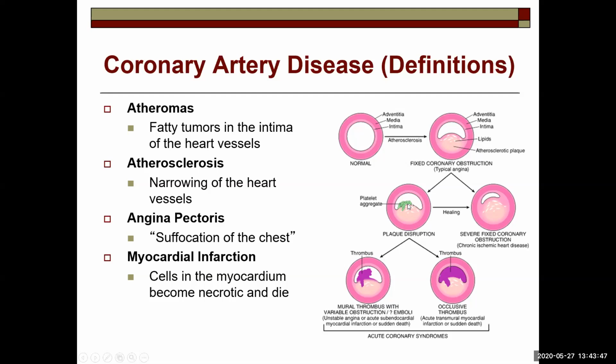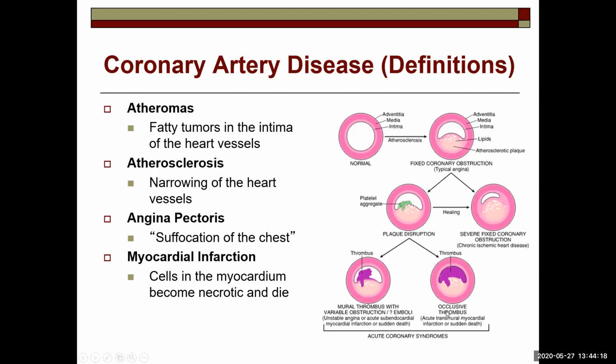You can have platelet aggregation problems right inside the coronary artery that sits on top of the fat also. So you can have a plaque disruption. You can actually bleed through the cholesterol plaque, and then eventually have a thrombus in there.